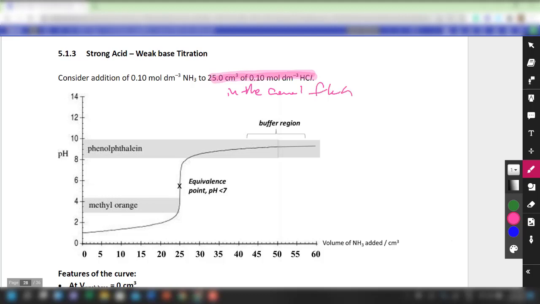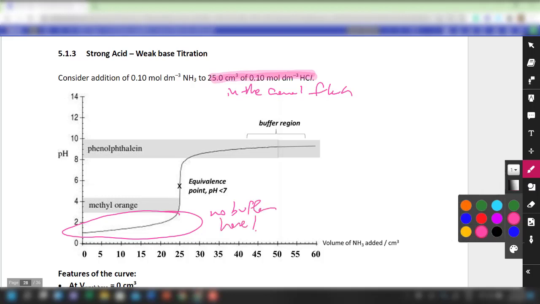Because hydrochloric acid is in the conical flask, the first portion of your titration curve is actually very similar to a strong acid, strong base titration, and you are not producing any buffer. So no buffer here. You might be wondering how come the buffer becomes at the other region. The reason is in your conical flask, what you have is a strong acid.